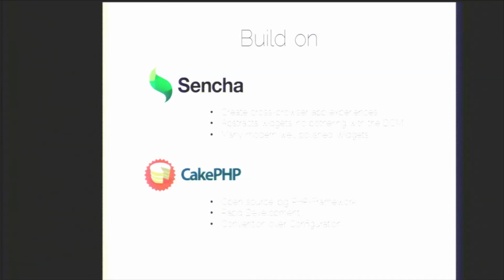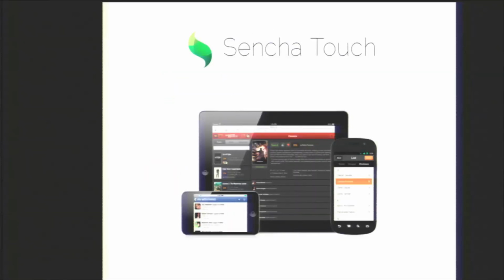And when we looked more into Sencha, we found they have another really cool framework, which is called Sencha Touch, which is a platform-independent framework for creating mobile applications. So if you want to create mobile applications, which you can deploy as web app or as native app, Sencha Touch is a really good framework for that.